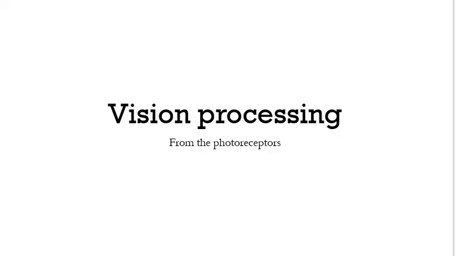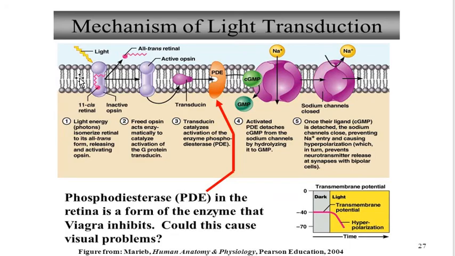For you to know what is happening between phototransduction and ganglion cell initiation of an action potential, you really need to get through that video. But as a summary, we have a change of potential from negative 40 to negative 70 when there is light.